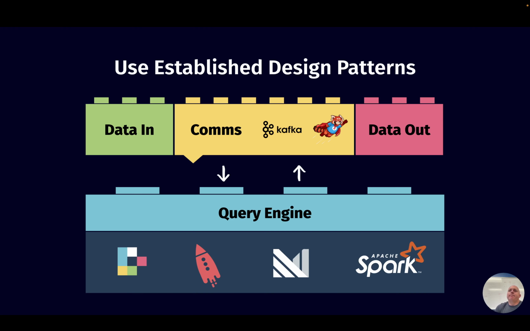Finally, use established design patterns. A lot of work has gone into what are robust Legos to use and how to assemble them to accomplish what you want. There's no sense in reinventing this. Just get a design pattern that's been worked out and build from there.